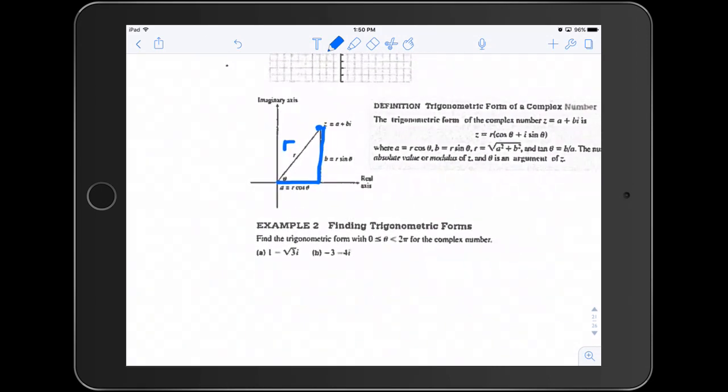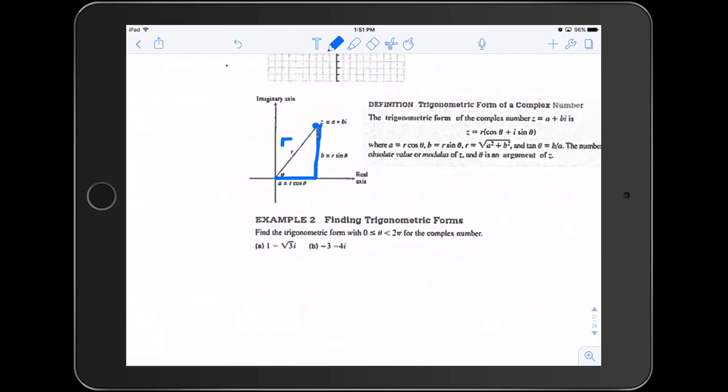So why is this important? Well, if we want to switch from complex form to trig form or vice versa, we need to use that information. Just kind of like we switch from rectangular to polar and polar to rectangular. Now we just need to be comfortable switching from complex number over to trig form, or again vice versa.